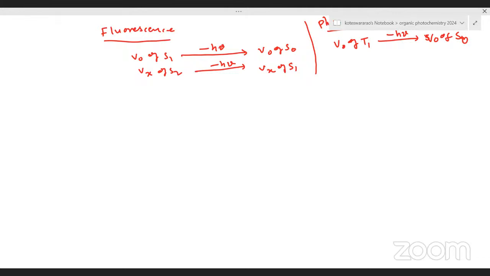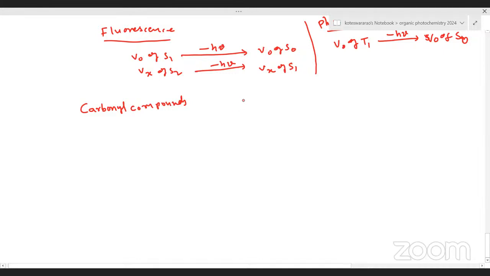One is carbonyl compounds, and another one is aromatic hydrocarbons like benzene, naphthalene.